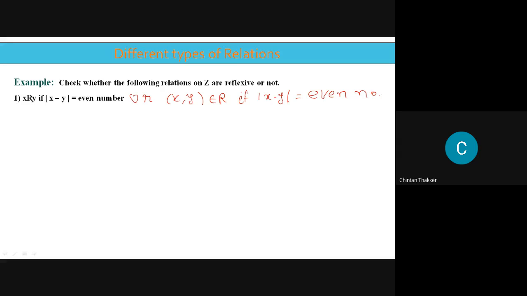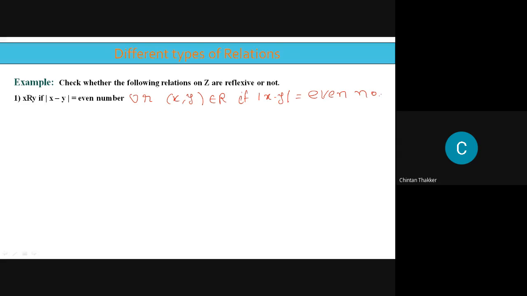Now here, to check whether the relation is reflexive or not. In this chapter, whenever we want to prove that the relation satisfies a condition, meaning reflexive, symmetric, antisymmetric or transitive, you have to prove it using an arbitrary element, the general form of the element.